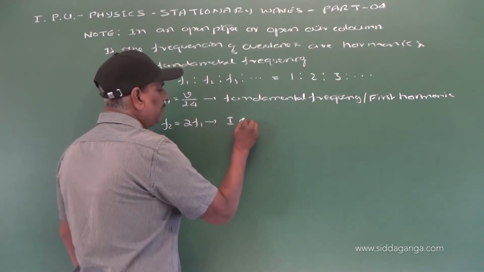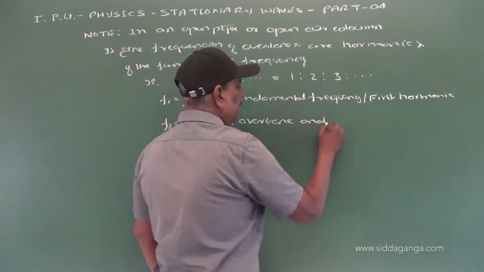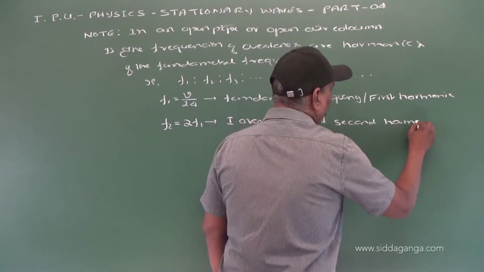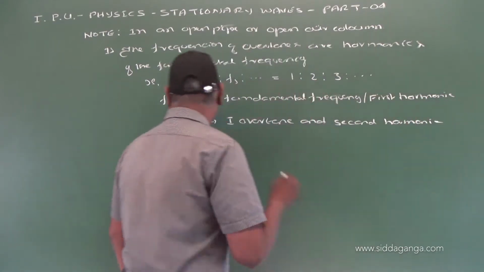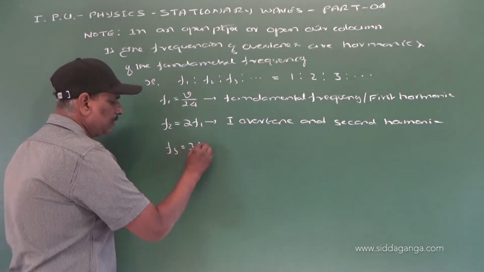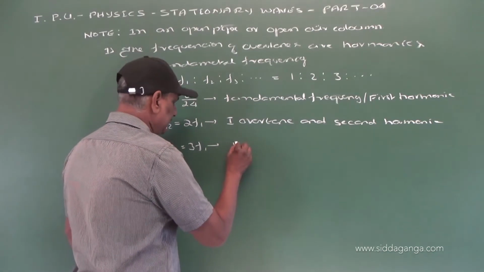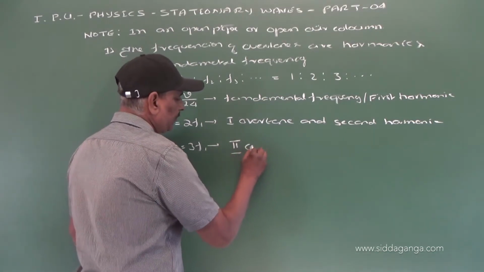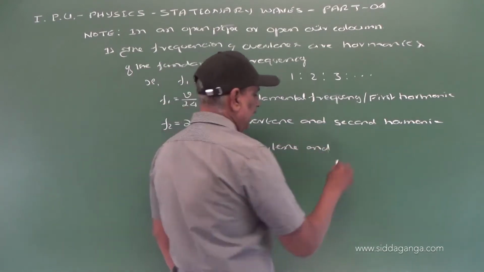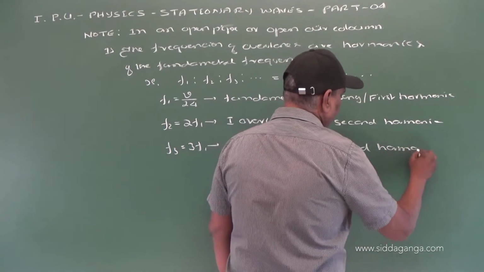It is called the first overtone and second harmonic. Now F3 is equal to 3 F1, that is the second overtone and third harmonic.